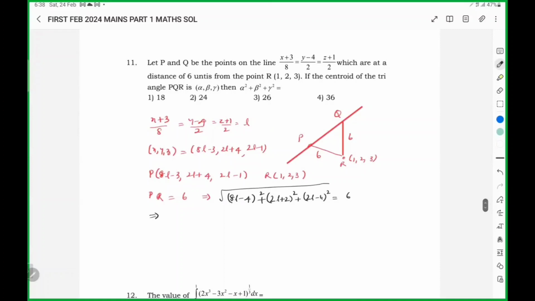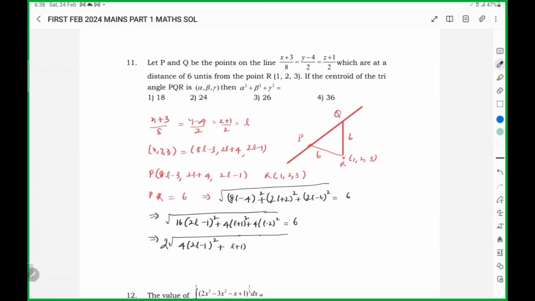So for simplification, if you take 4 common, 16 into (2L minus 1) whole square, 4 into (L plus 1) whole square, 4 into. So simplification, root 4 if you take common, 4 times (2L minus 1) whole square, (L plus 1) whole square plus.